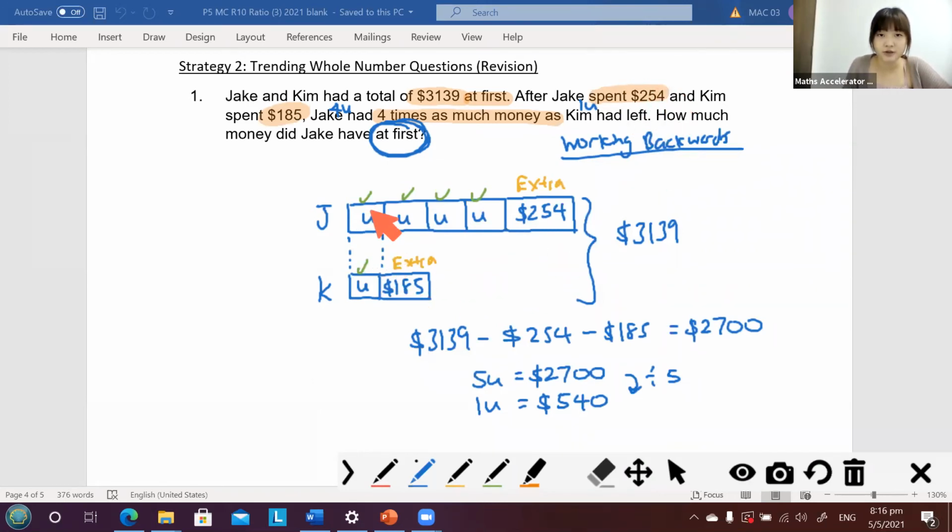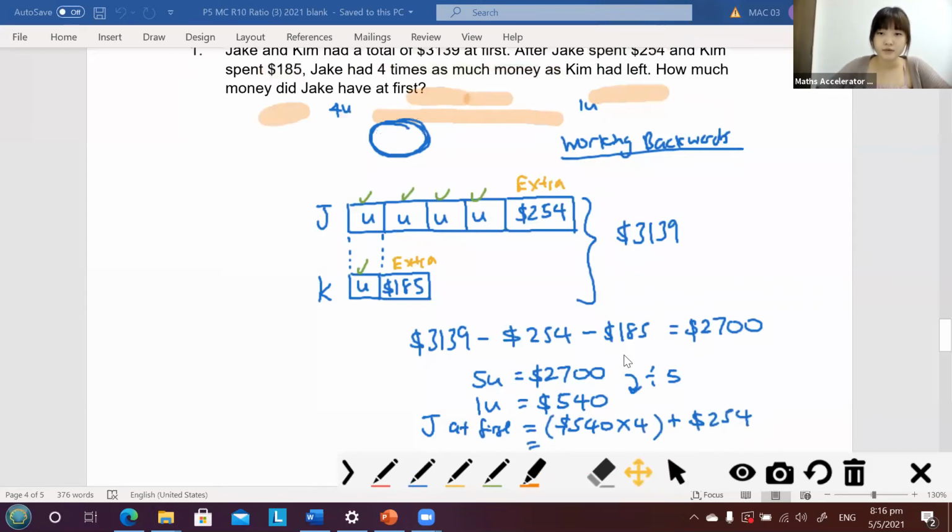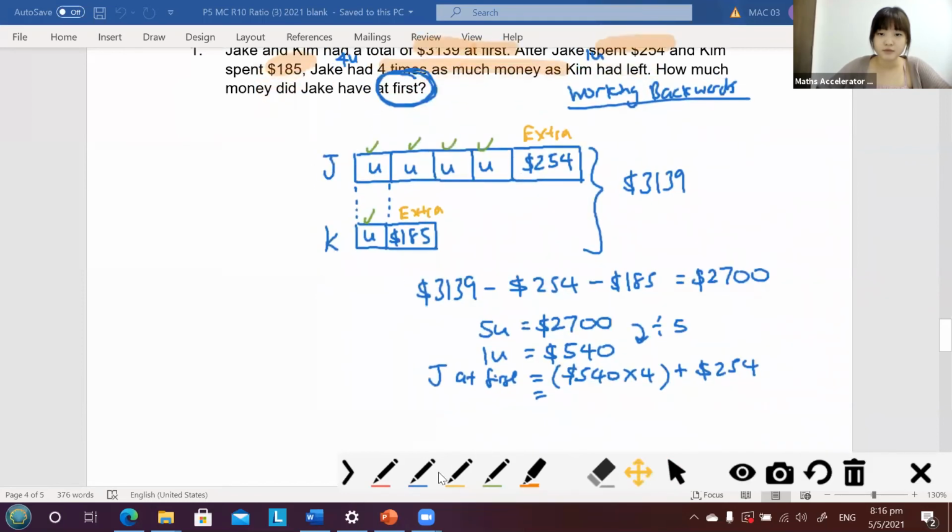So Jake should have the 4 units and 254. Okay, everything here. So Jake at first will be 540 times 4. That's 4 units plus 254. So you times 4 first and add the 254.